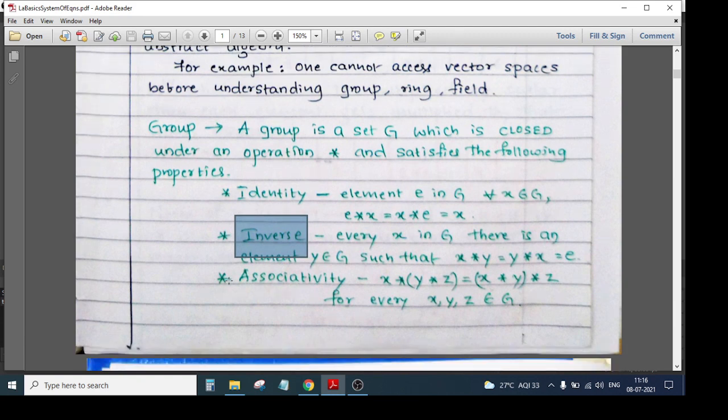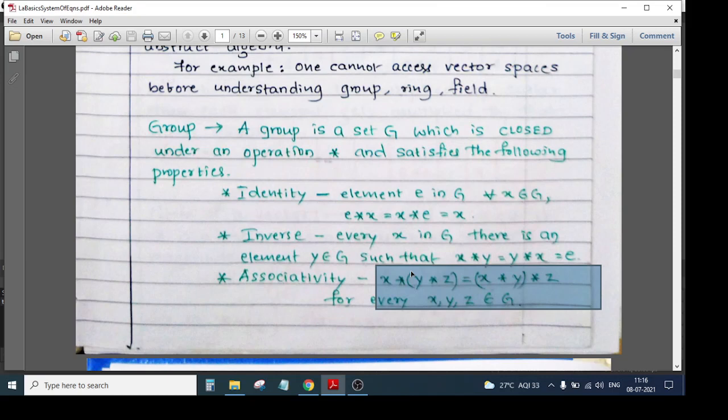Next, going ahead, the next property you have is the associative property. You have already studied the associative property also, I will just give you a glimpse. Please observe here: it is X into Y into Z. That means, first you multiply Y into Z, you will get a value, and when you multiply that value with X, you will get the next value. Whatever answer you get here on the LHS must be equal to the answer which you get here on the RHS. For example, here first you are multiplying X and Y, and then the answer you get is multiplied with Z. So this basically should be proved, that is, LHS must be equal to RHS.